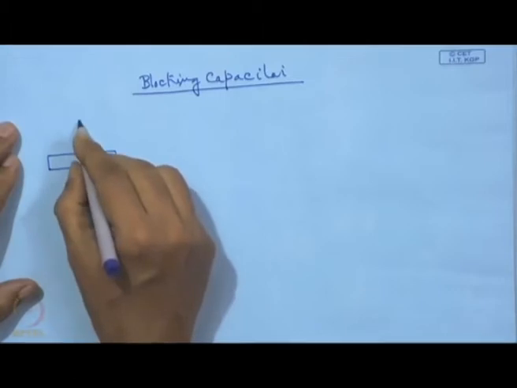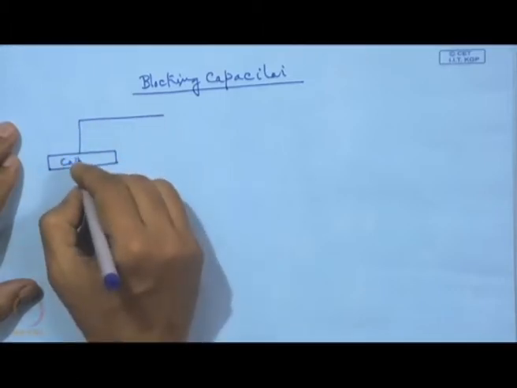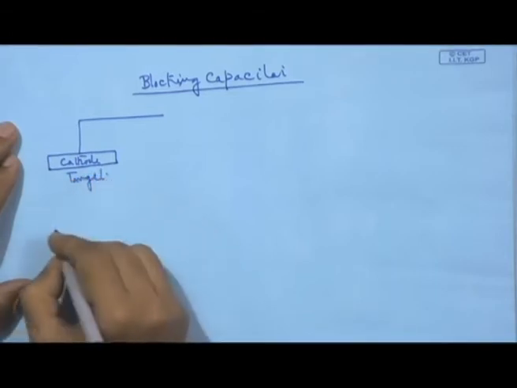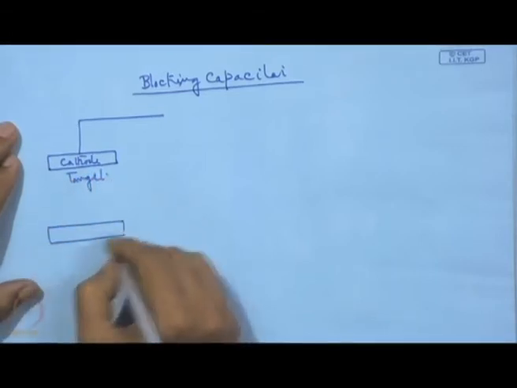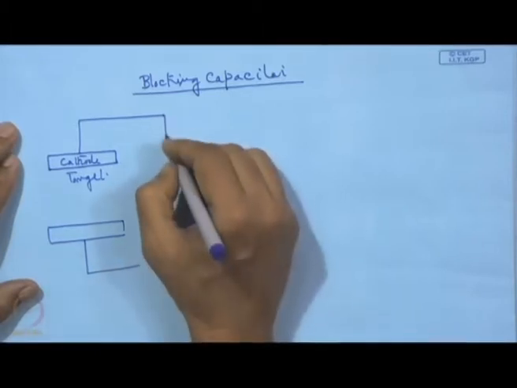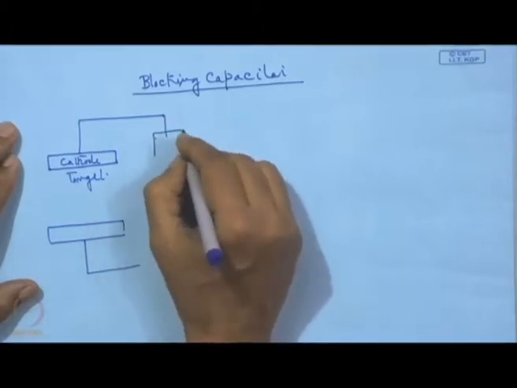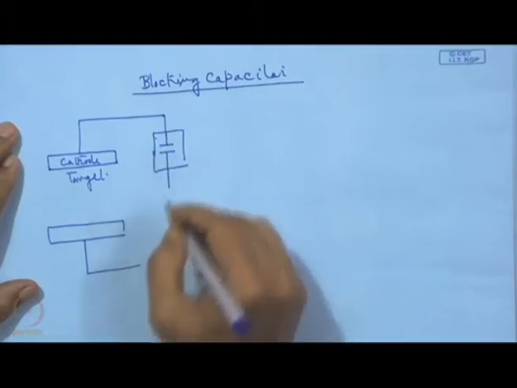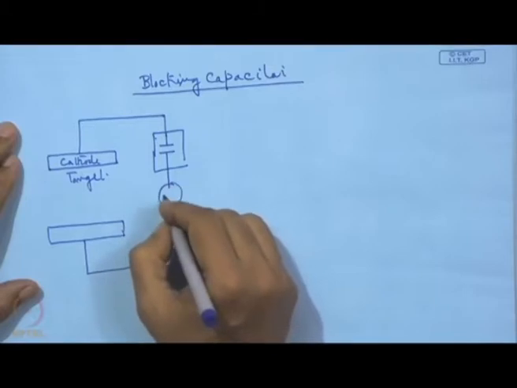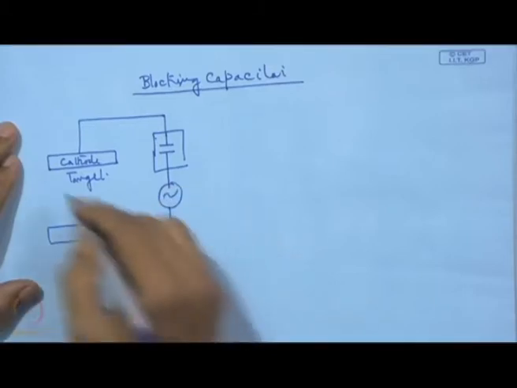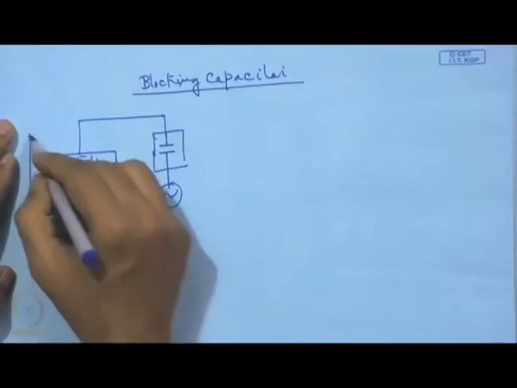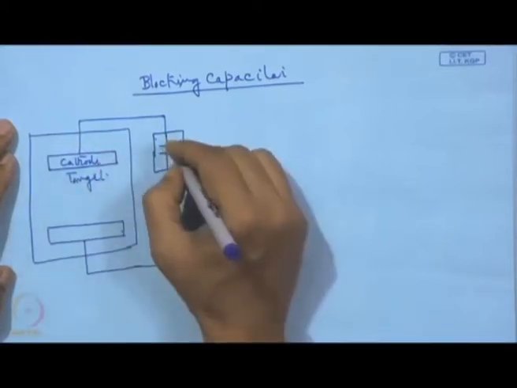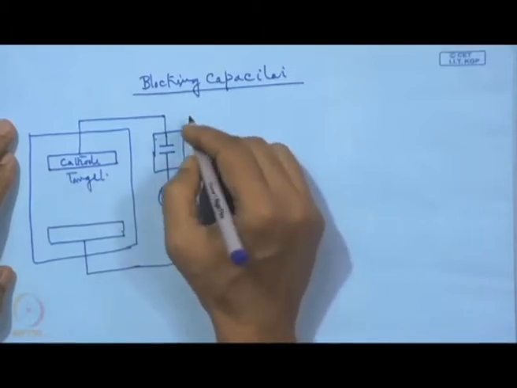This is actually the cathode, which is the target, and just facing this will be the anode, and here we have a blocking capacitor, followed by this alternating supply. The whole thing will be encased in a vacuum chamber.